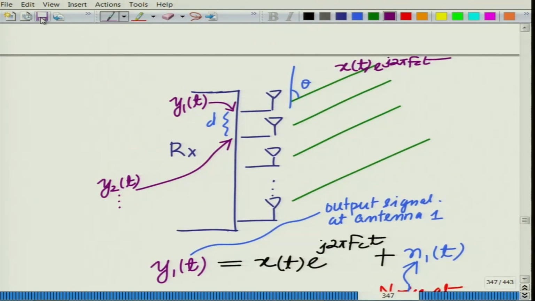The idea is very simple. If you look at the difference in the distance, this is basically your d, and this is angle theta.